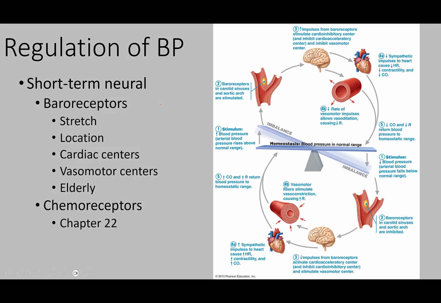And baroreceptors are special nerve endings that detect stretch on, in this case, blood vessels. These blood vessels are just above the heart in a few different places. In the carotid sinuses and in the arch of the aorta. We see that over here. The carotid sinuses and the arch of the aorta.